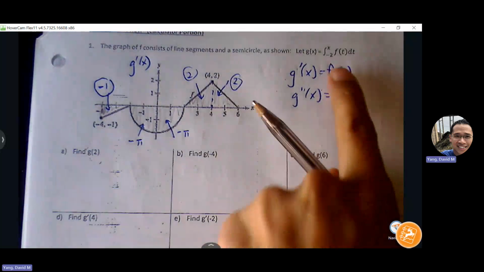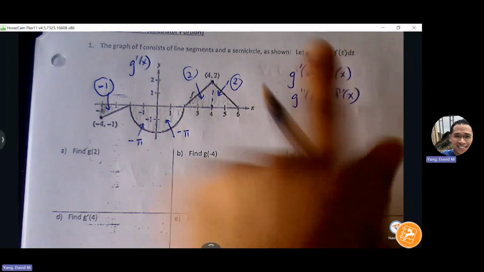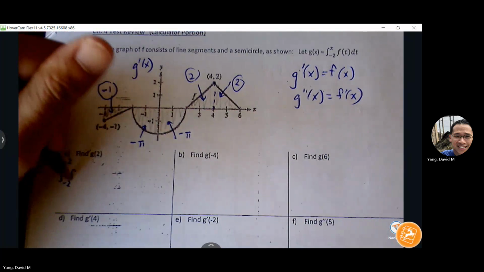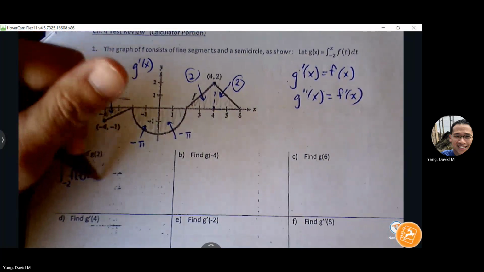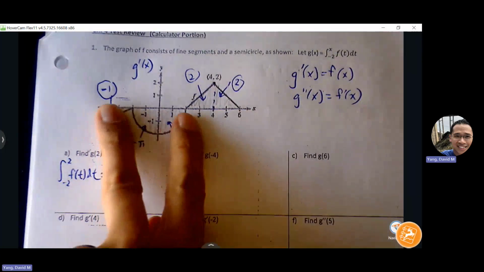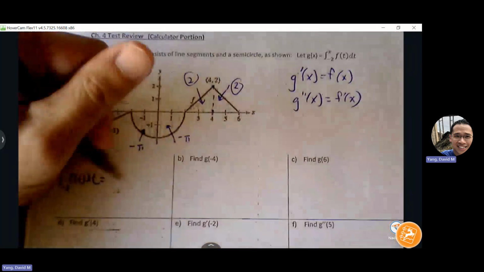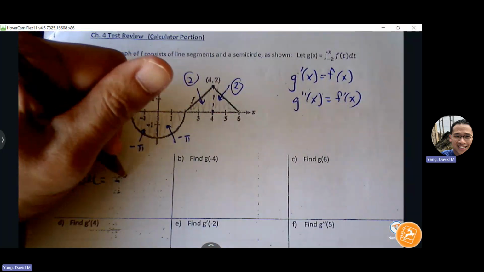So G of 2, just follow what the rule says, from -2 to 2. So from -2 to 2, I see both my regions are below the x-axis. Those are negatives there. So negative pi, negative pi is -2 pi.